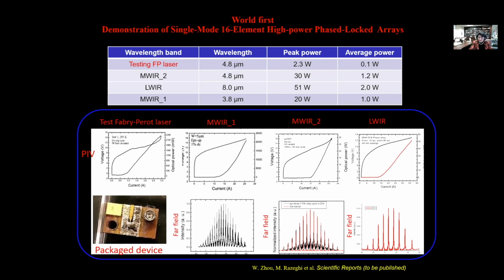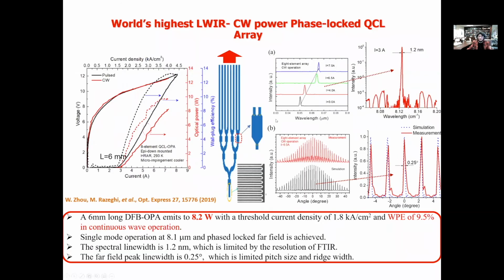Now, in continuous wave, here we have the world's highest long wavelength continuous wave power from phase locked QCL arrays. A 6 millimeter distributed feedback laser OPA emits 8 to 8.2 watts with a threshold current density of only 1.8 kiloampere, and wall plug efficiency of 9.5% in continuous wave at room temperature.